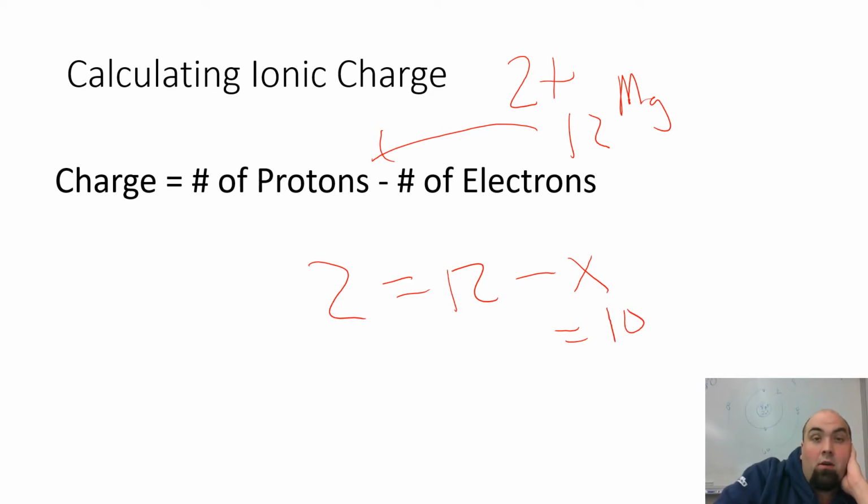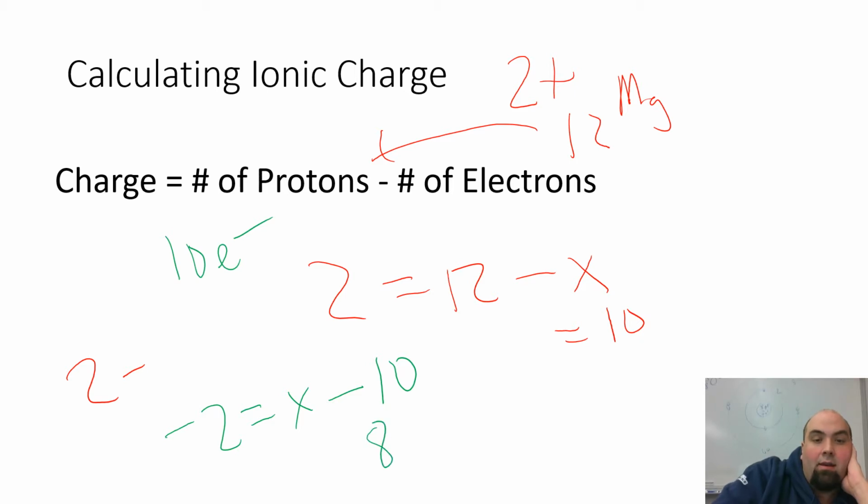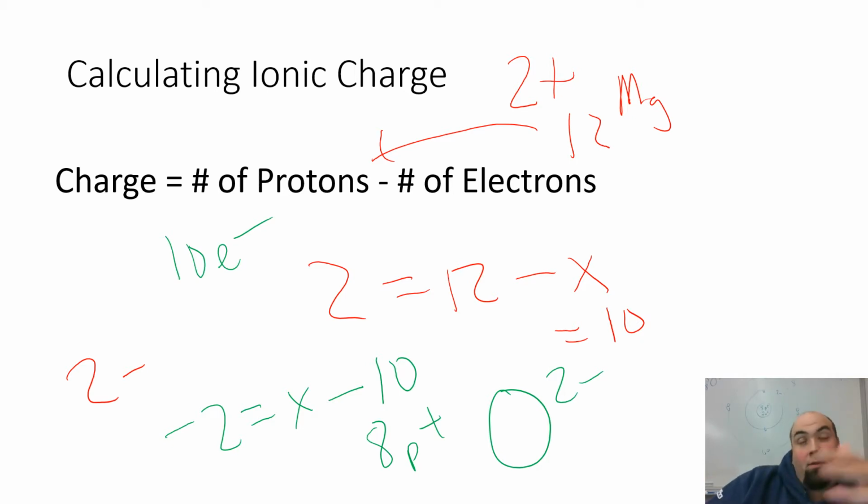Or if I say you have a charge of 2 minus, and 10 electrons, then negative 2 equals x minus 10, so you know that x has to equal 8 protons, so that means it was oxygen, the 2 minus. So you should be able to manipulate this equation algebraically to solve for any of these 3 variables.